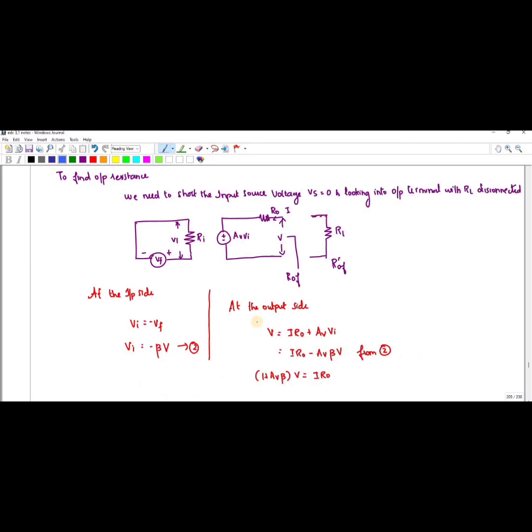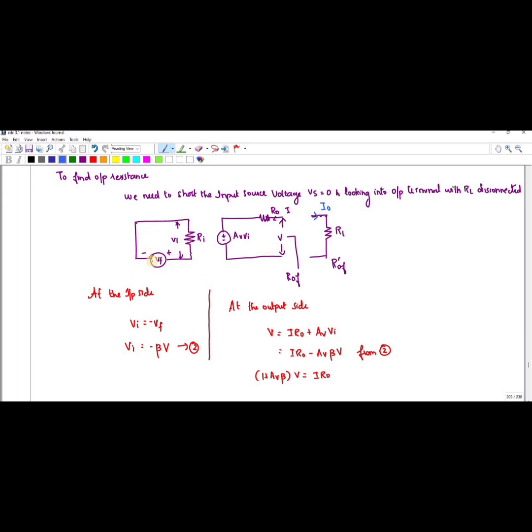The next step is to find the output resistance. In order to find the output resistance, we have to short the source voltage. If I short the source voltage, I will get it like this, and you have to look into the output terminal like this. This is your I0 current, this is I. I am separating this RL from the diagram.